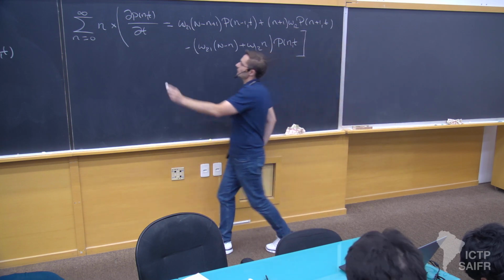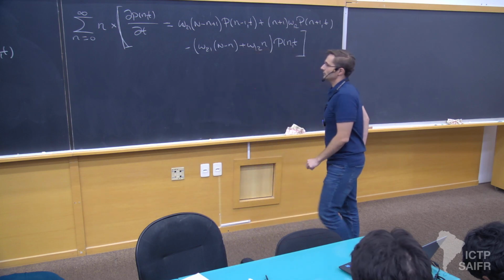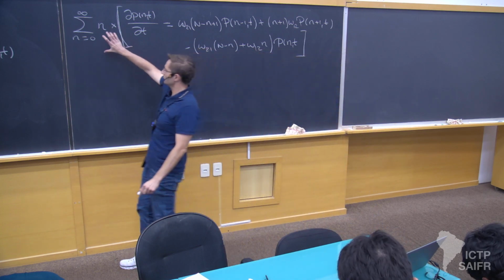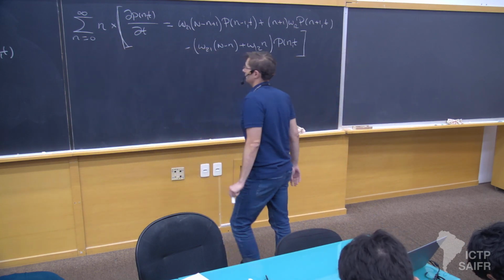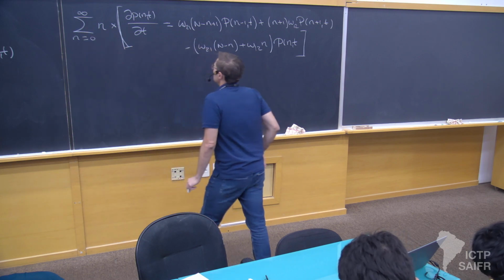So I multiply my whole master equation by n, and I sum over all n's.